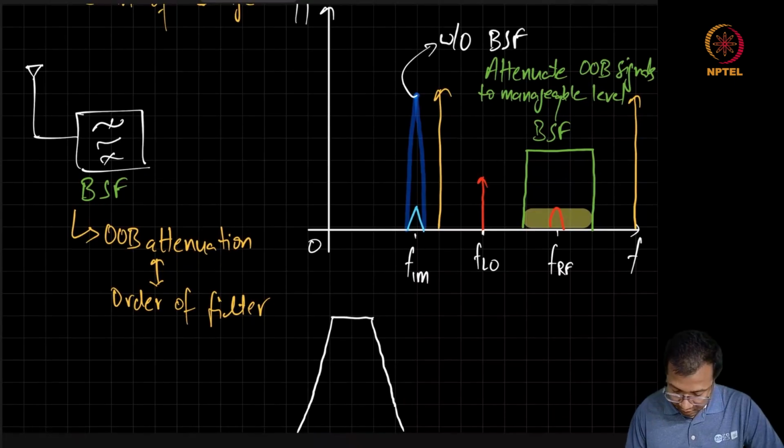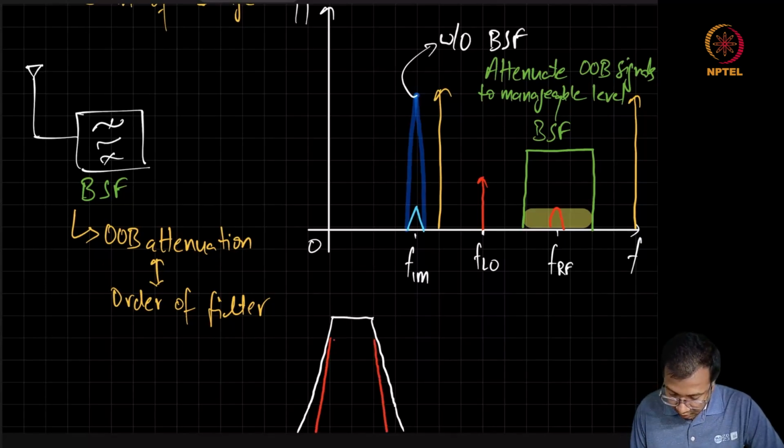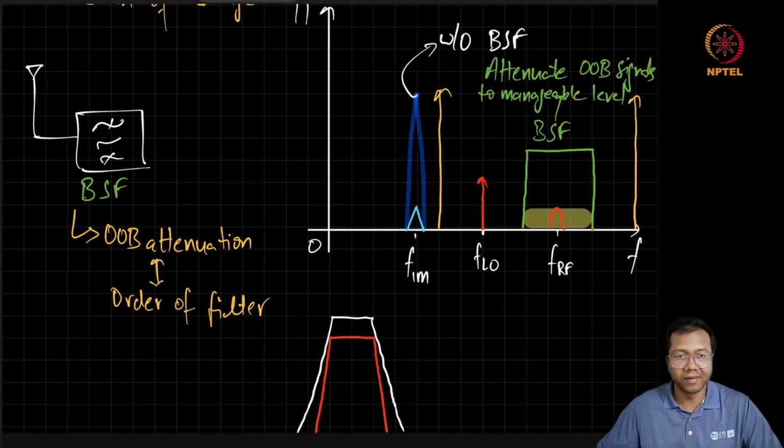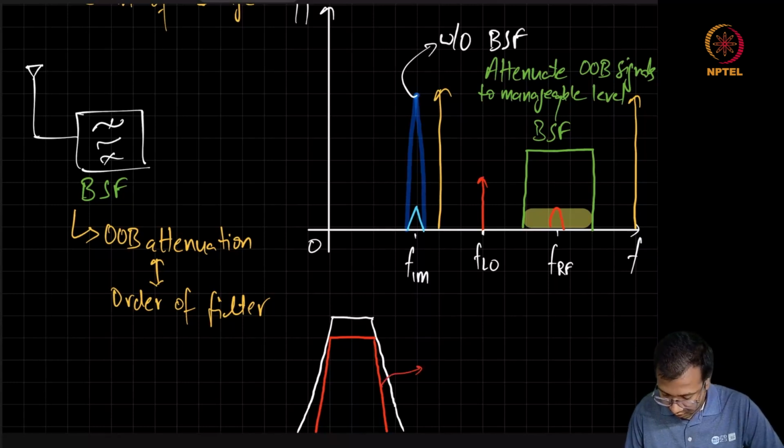Now, if I want a sharper roll-off, let's say like this, it turns out that it will also add more loss for the in-band signal. So this second filter has, I should say, higher out of band attenuation.